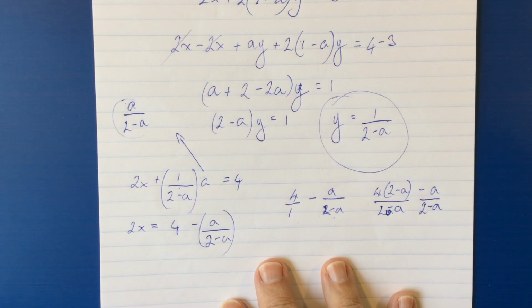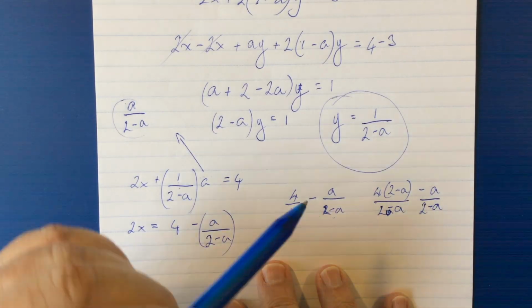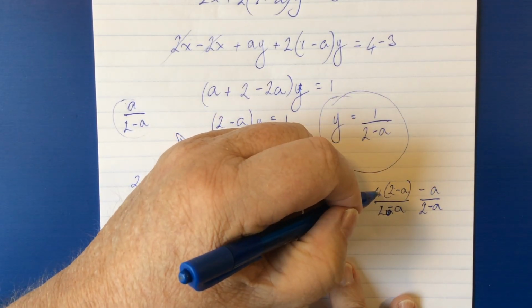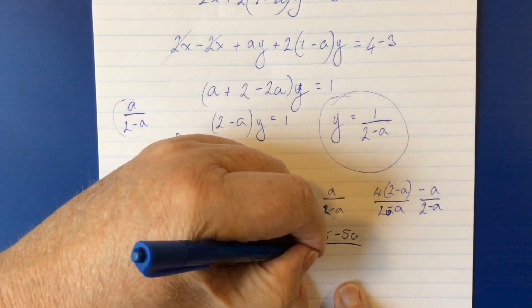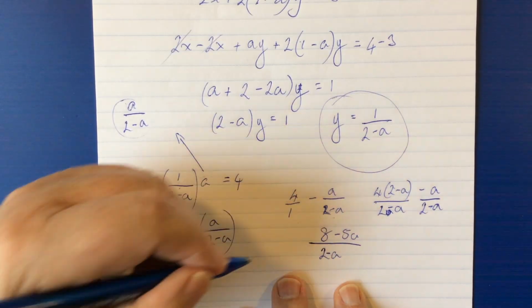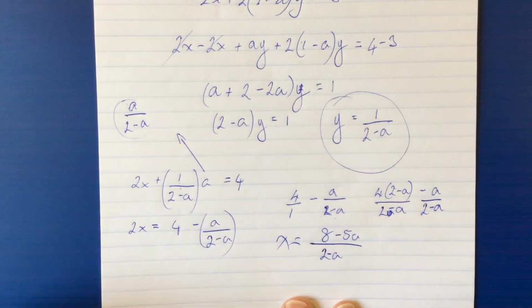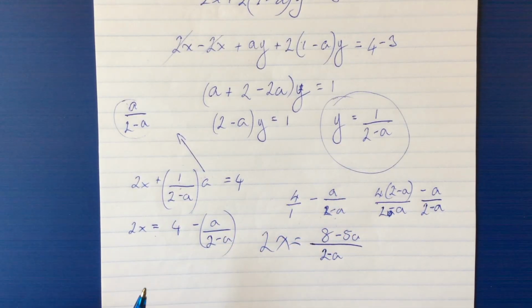And when we tidy all this up, we get 8, 4 2s are 8, minus 4a minus a, minus 5a, and that is all over 2 minus a. And that is what 2x is equal to. It pays to carry everything forward with you.